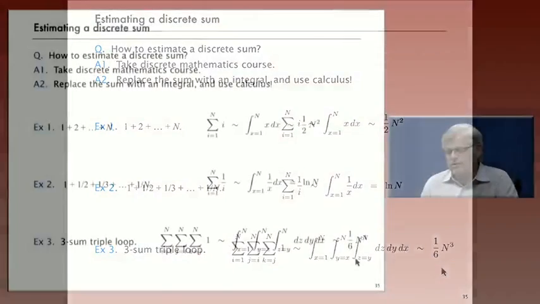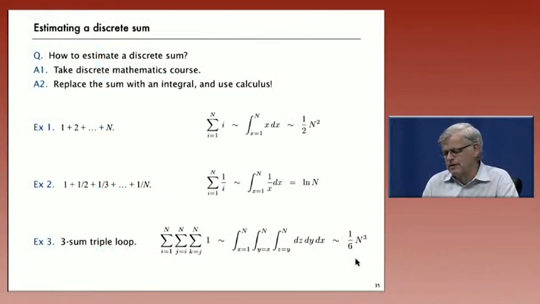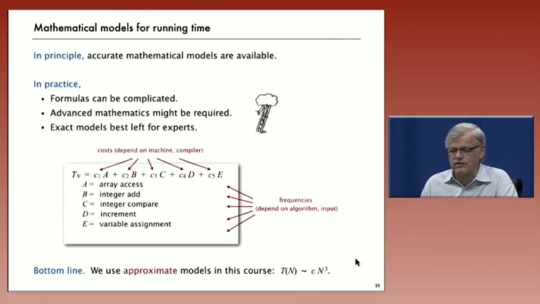There are many other techniques that we could use for this, and we're not going to teach all that, but we'll sometimes refer to results of this type. In principle, Knuth tells us that accurate mathematical models are available. In practice, we can get really complicated formulas. We also might need some advanced mathematics that the theoretician will revel in, but that people learning algorithms for the first time might not be expected to know.